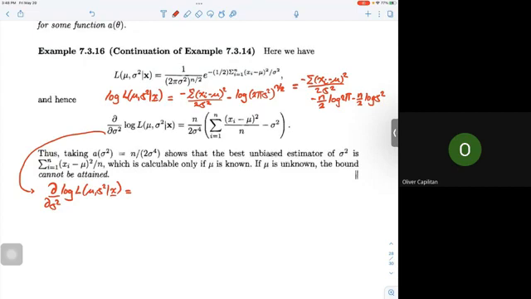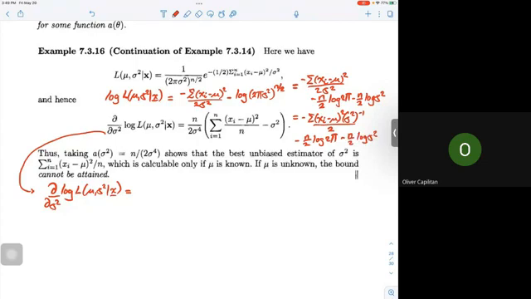We can express this as the negative summation of x sub i minus mu square, we have 2 to the negative 1, over 2. And then the negative n over 2 log of 2 pi, and then minus n over 2 log of sigma squared.